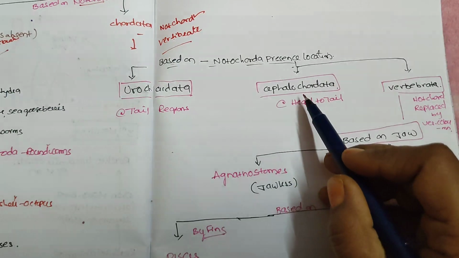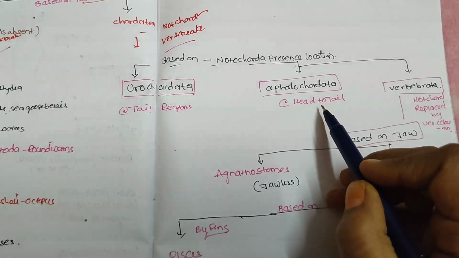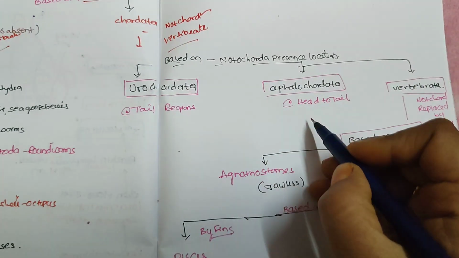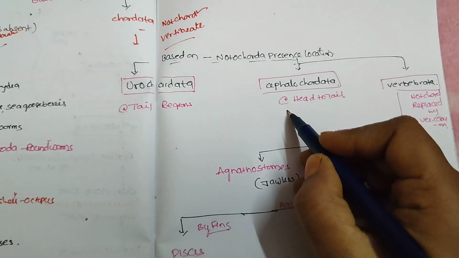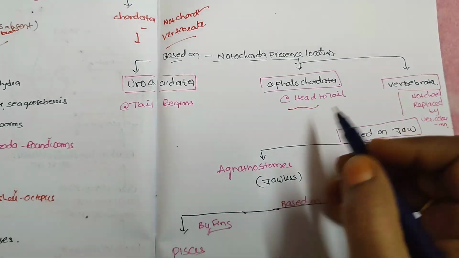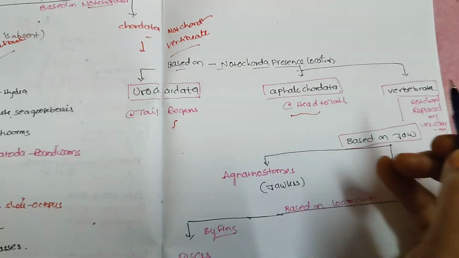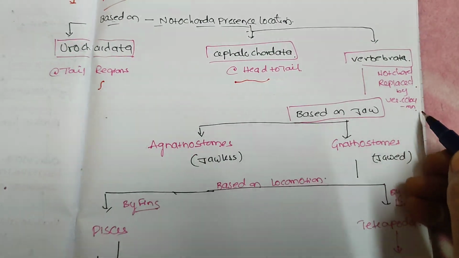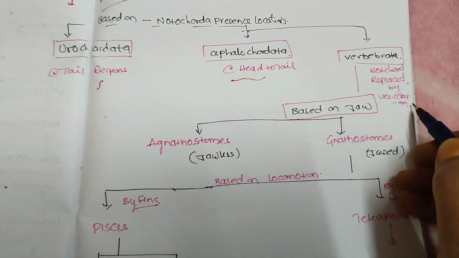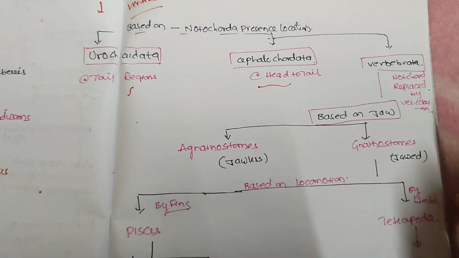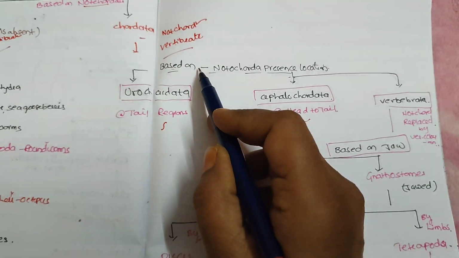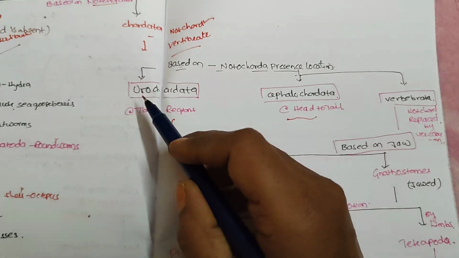Then Cephalochordata, where the notochord is present from head to tail region. Cephalo always indicates head. Here it is present only at the tail region. Then Vertebrata. Here the notochord is replaced by the vertebral column. So based on the location of the notochord there are only 3 types.